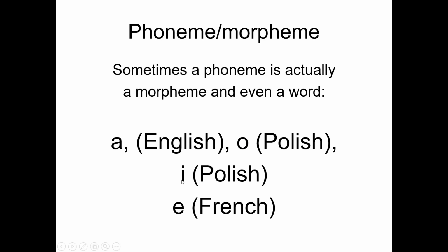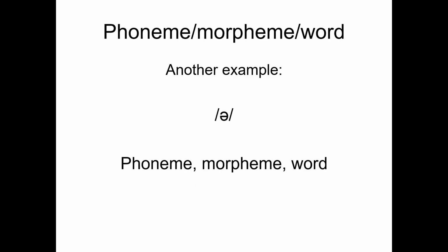Or Polish i, which is a conjunction, or French e, the sound e, which has got a multitude of functions. It may be a conjunction, it may be an inflected form of the verb to be, or some past forms.